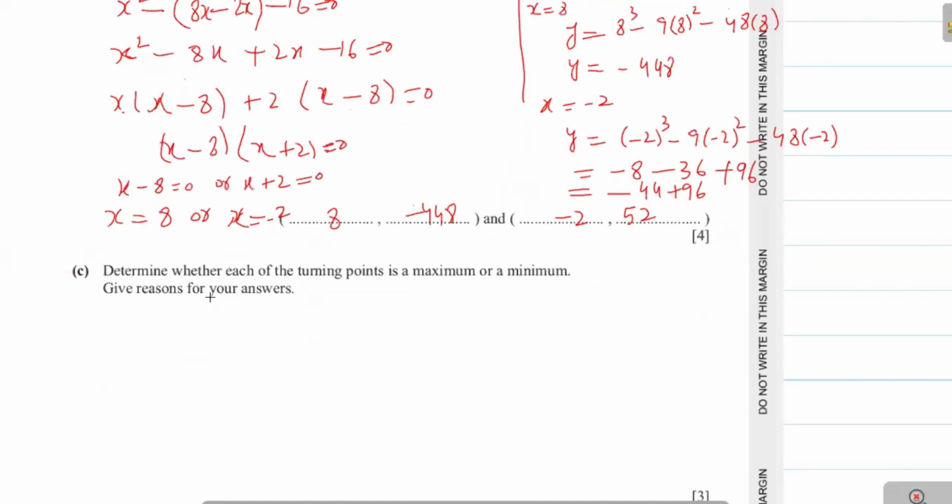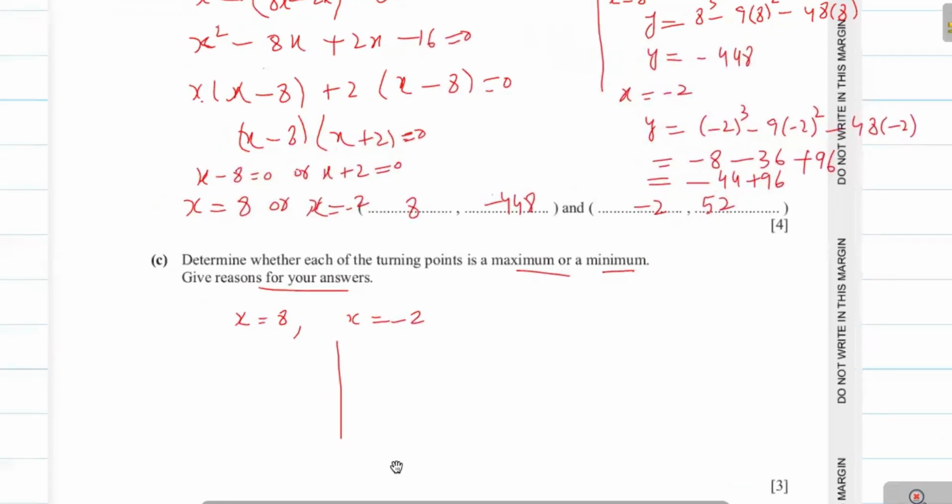Part C: determine whether each of the turning points is a maximum or minimum. Give your answer. The turning points are at x equal to 8 and x equal to minus 2. To find whether the turning points are maximum or minimum, we take the second derivative.